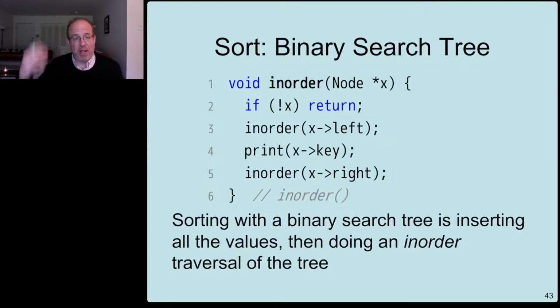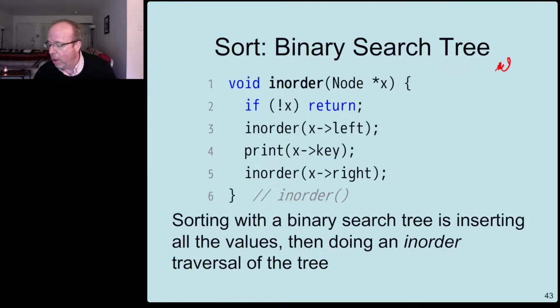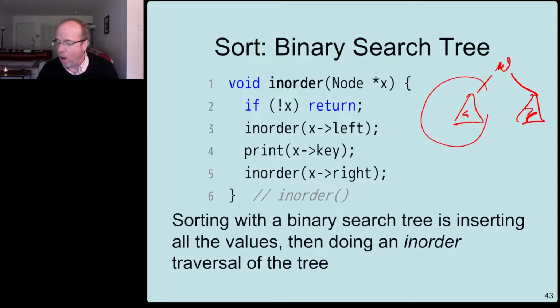Because if we just insert all of the elements into the tree and then do an in-order traversal, they're going to be in order. Because again, if we have a node and a left subtree and a right subtree, and these are all less than, and these are all greater than or equal to, if we're using an in-order traversal, we're going to print all of the less than things before the node, and then all the greater than or equal to things.